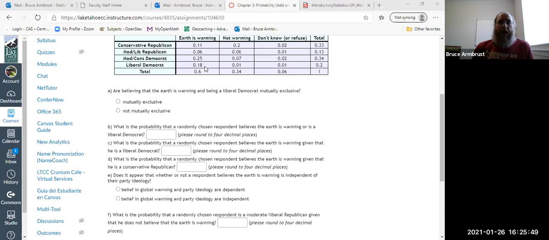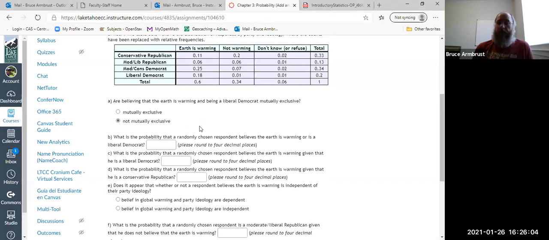Well, the answer to that is we definitely found liberal Democrats that believe the Earth is warming. This number is not 0. So that means that they do both occur at the same time, which means these are not mutually exclusive. So in a contingency table, mutually exclusive means there should be a 0 where that column and row intersect.